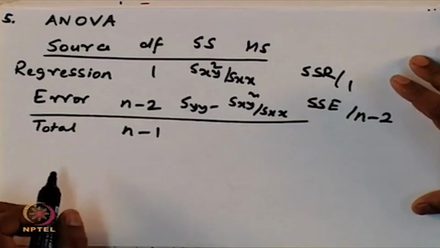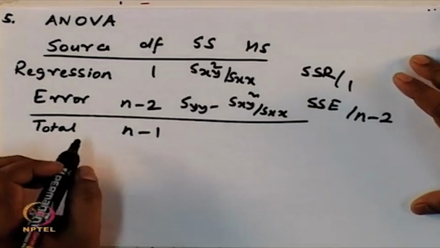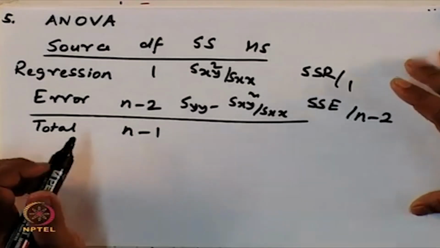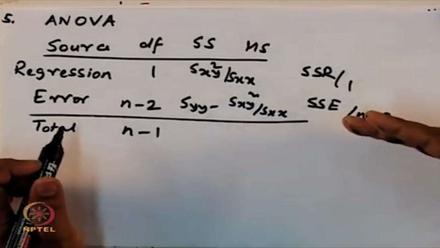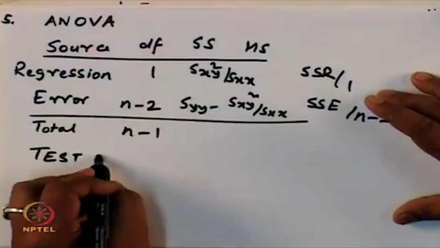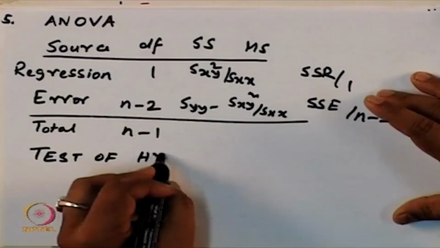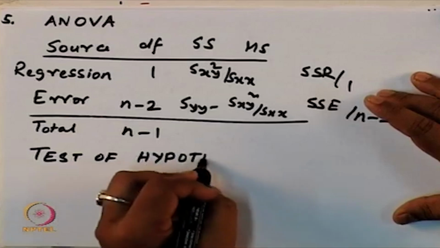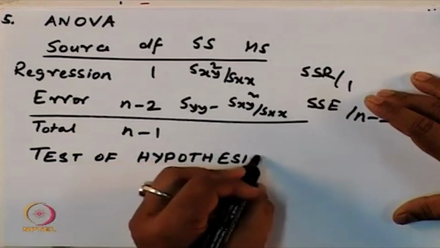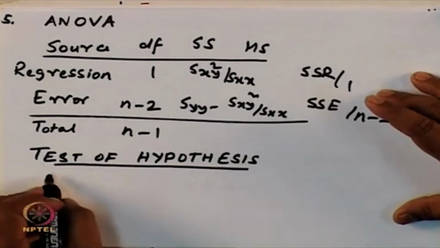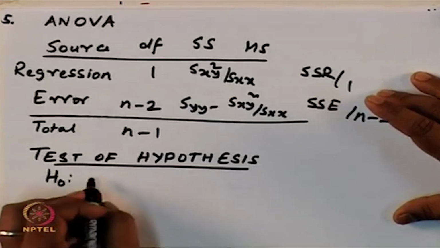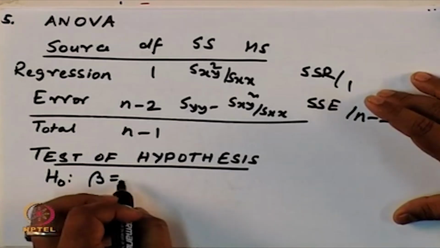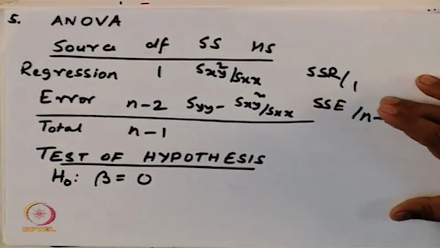Okay. So, let us say we want to find out whether the linear regression is at all useful or not, we can write down the test of hypothesis. Okay. You can write down the test of hypothesis as saying H naught is B equal to 0, let us say, okay.